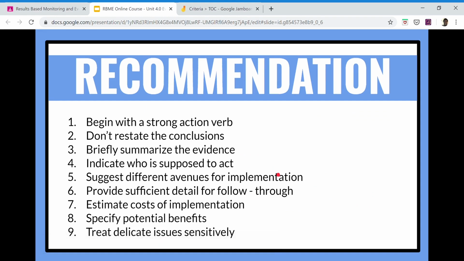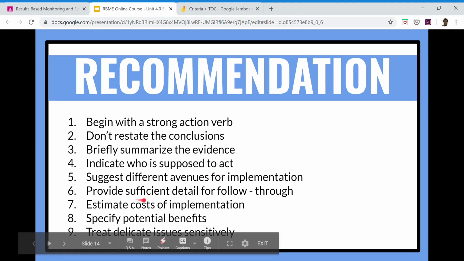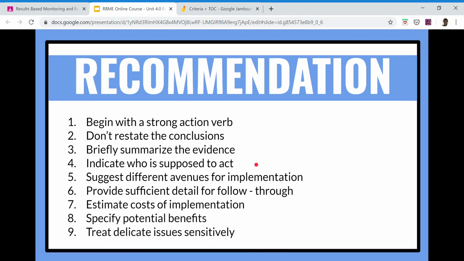One thing that I normally do in a recommendation, when you're specifying potential benefits, is to also think about what the policymaker has done before and what they should do.